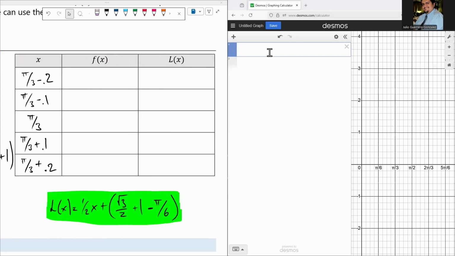Okay, so I'm going to plug in two functions, exactly how I defined them. There's going to be an f of x, which is sine of x plus 1. That's my original.